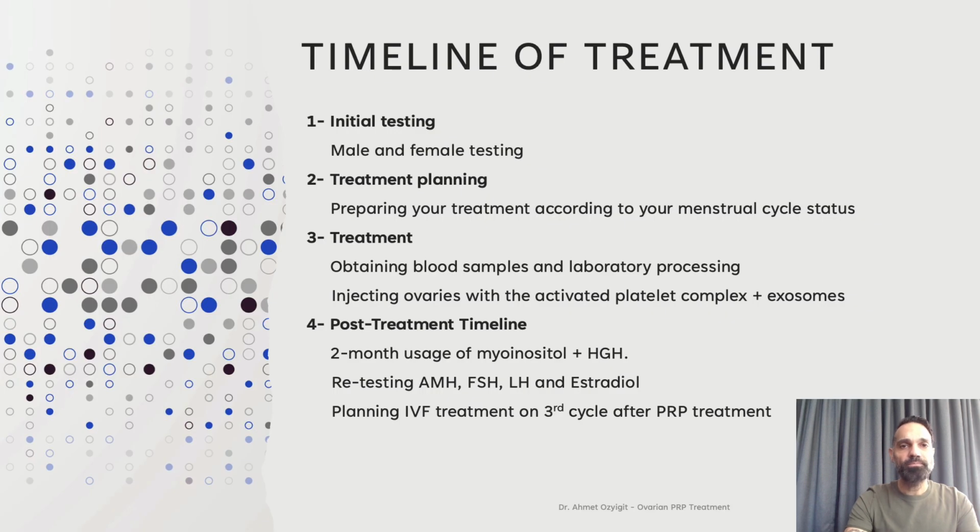And in terms of the timeline of treatment, we would obviously need an initial testing. If this hasn't been done, we would need to see the hormone levels. We would need to see a semen sample from the male patient just to make sure that there isn't something there and that's not the cause of the failed cycles before.